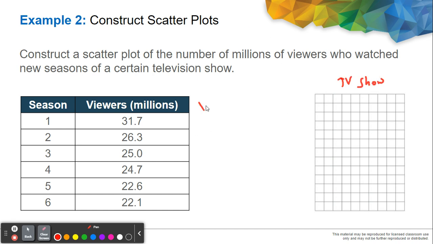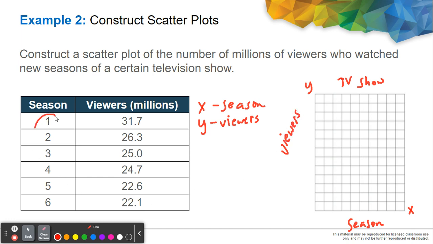So we can represent X as our season, and our Y will be the number of viewers in millions. So let's label our X and Y axis. As you can see, for our season, we have 1 to 6 seasons. So we can just write 1, 2, 3, 4, 5, 6.